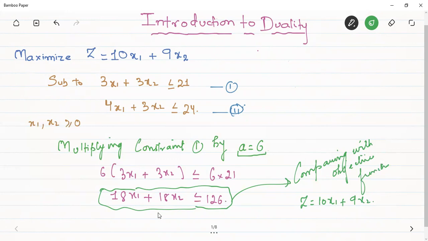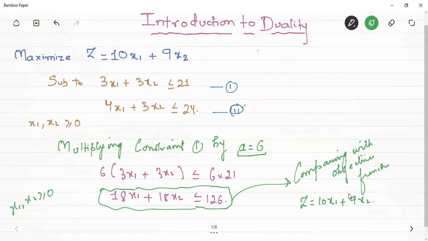From the inequality 18x1 + 18x2 ≤ 126, we compare with z = 10x1 + 9x2. We can see that 10x1 + 9x2 is definitely less than 18x1 + 18x2, because x1 and x2 are greater or equal to 0. The coefficient of x1 here is 10, there it is 18.